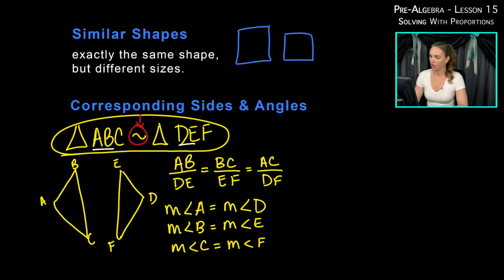I can determine all of this. So using this information, we can actually make a proportion to solve for missing side lengths.